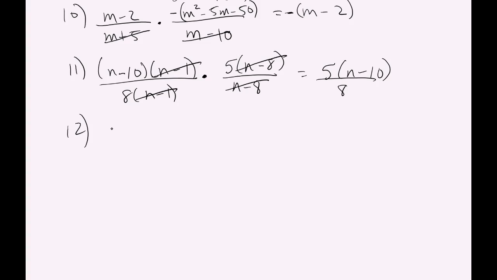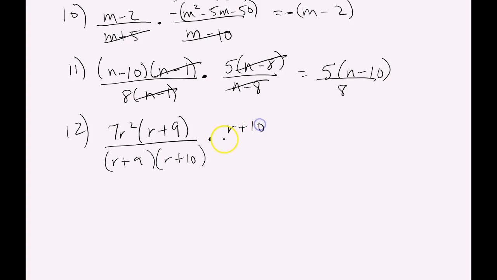Okay, let me take out a 7r squared, which means I will have an r plus a 9 over, on this one, yikes, 19. Oh, is that just 9 and 10? Haha. r plus 9, r plus 10 times r. And if you look at these problems, a lot of times you have a hint as to how to factor, because a lot of times the same junk shows up in the problem.